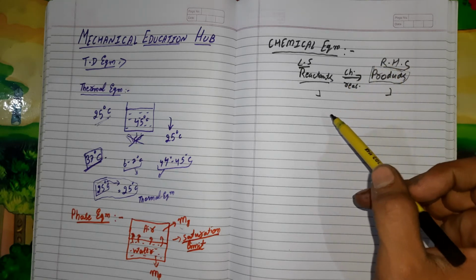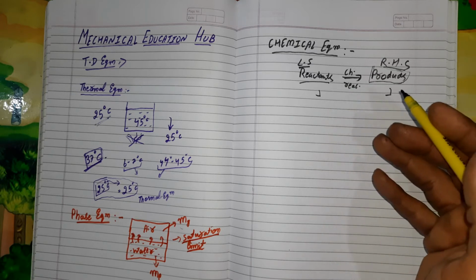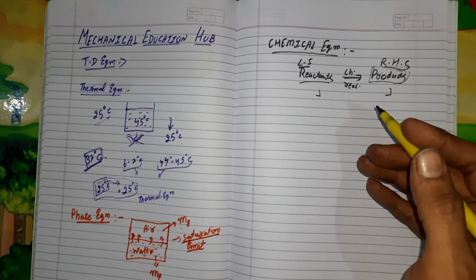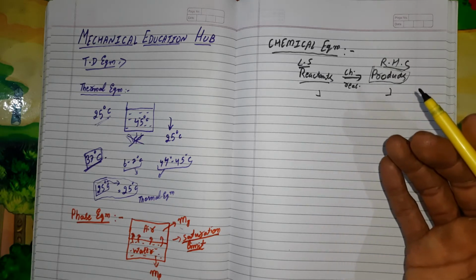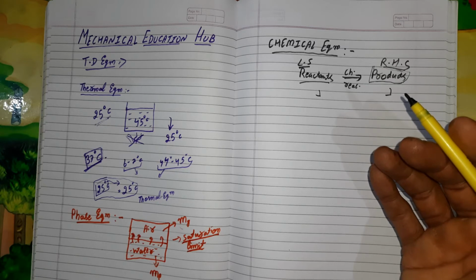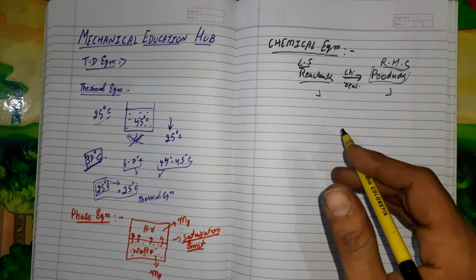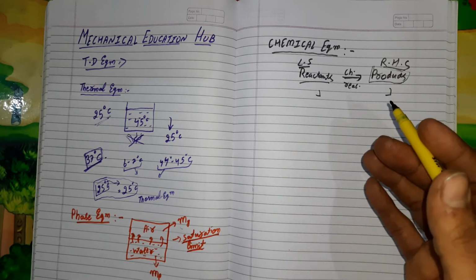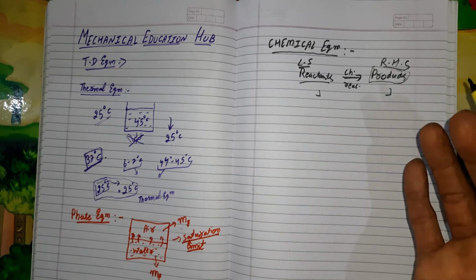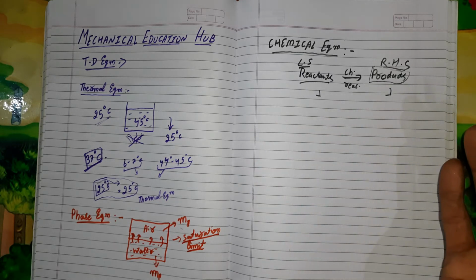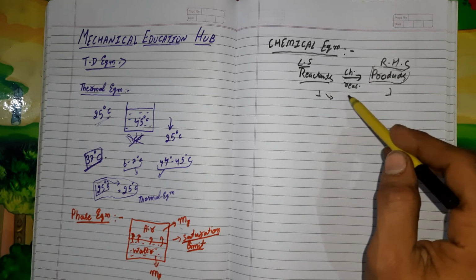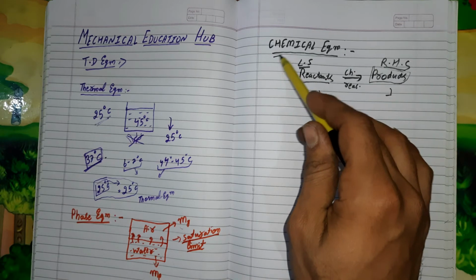Chemical equilibrium is the state when both reactants and products are present in concentrations that have no further tendency to change with time, so that there is no observable change in properties of the system. Generally it occurs when the rate of forward reaction is equal to the rate of backward reaction. In simple language, we can also say that chemical reaction potential should not be present. At that condition, we can conclude that our system attains chemical equilibrium.